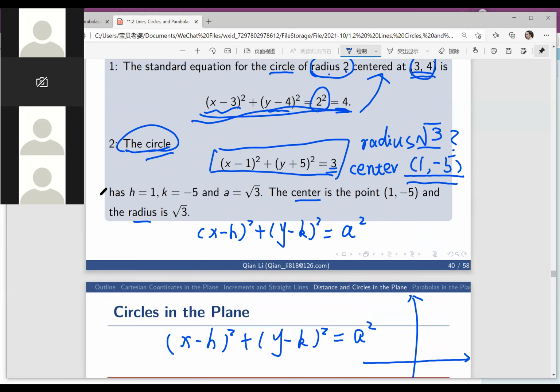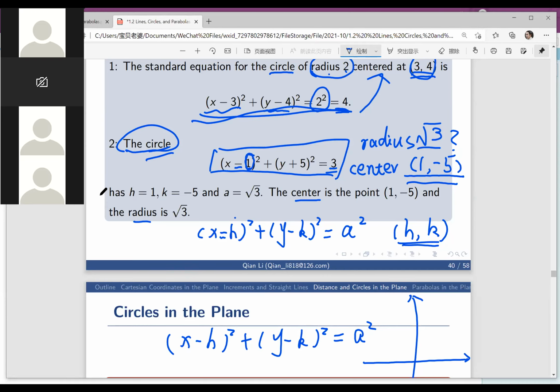And from this we can get (h, k), the center of this circle. So for this, h will be equal to 1.